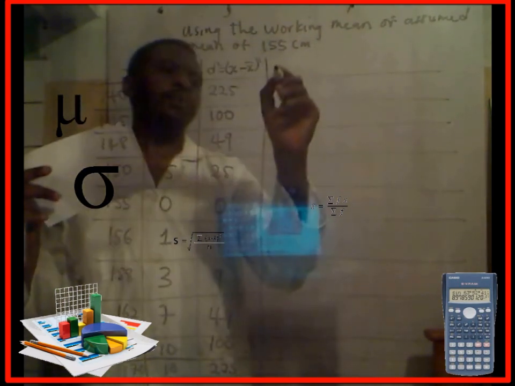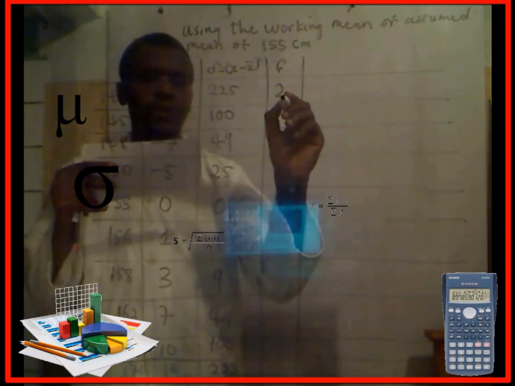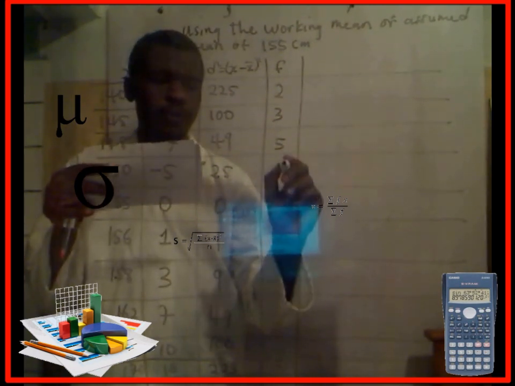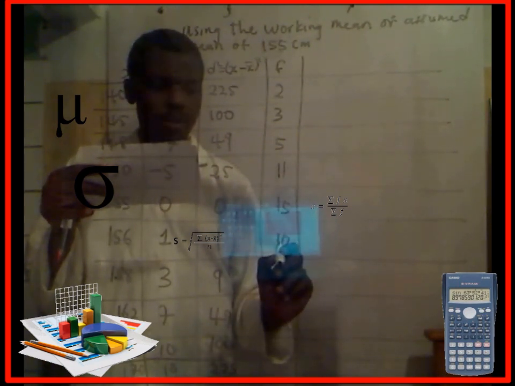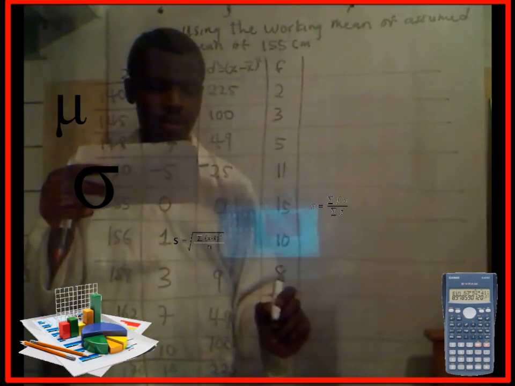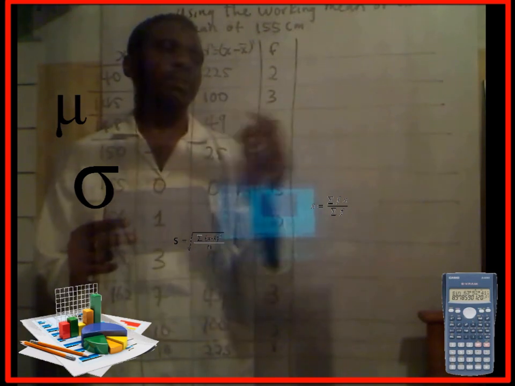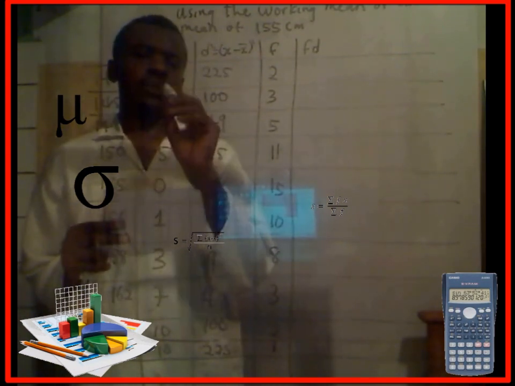So now let me include the frequencies. So I have 2, 3, and so on. Now let me include a column for the product between frequency and deviation. So this will be minus 15 times 2 gives me minus 30.